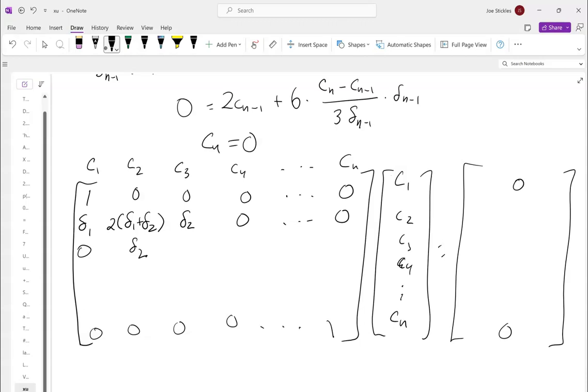This one will be delta 3, and this one will be delta 3, and the rest will be zeros, right? And then here would be 0, 0. We'd have a delta 3, 2 times delta 3 plus delta 4, and then delta 4, right? And keep going. We agree with that?